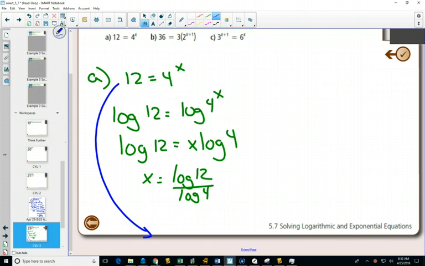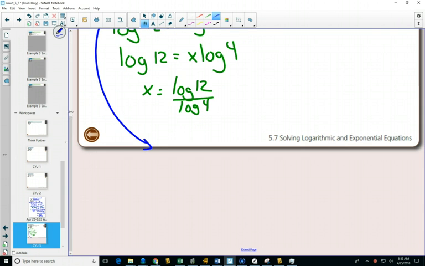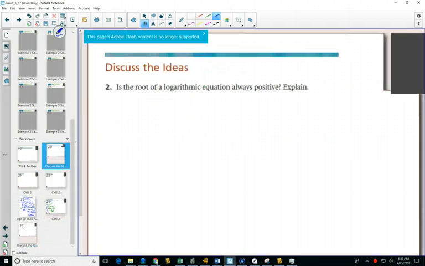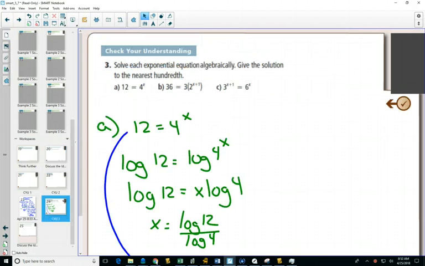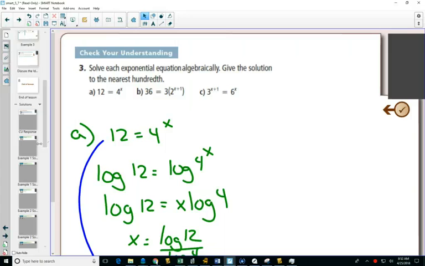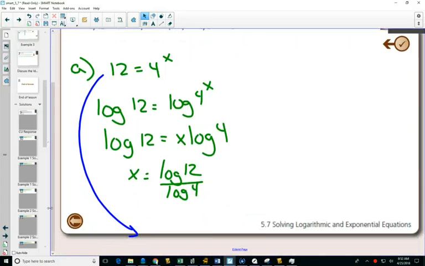And the definition of the logarithm says if I want to change an exponential equation to a logarithmic equation, in log form, the base is 4.